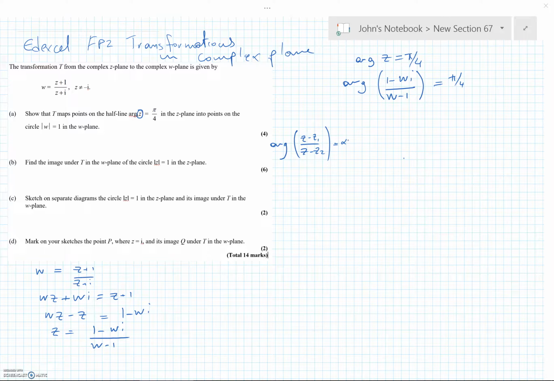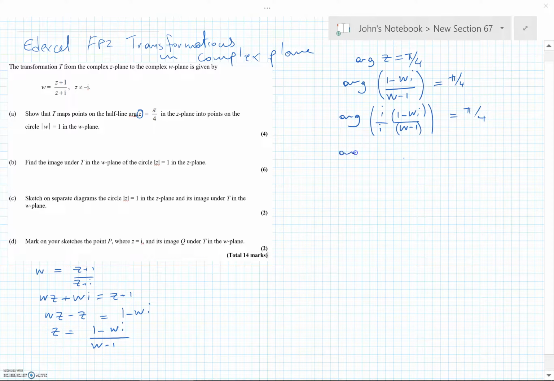So if we can try and get it to that, unfortunately we've got an i there, so you can probably just multiply by an i or divide by that. It's multiplying by an i on top and bottom just to get rid of it. So we've got i over i, times (1 minus wi) over (w minus 1), equals pi by 4.